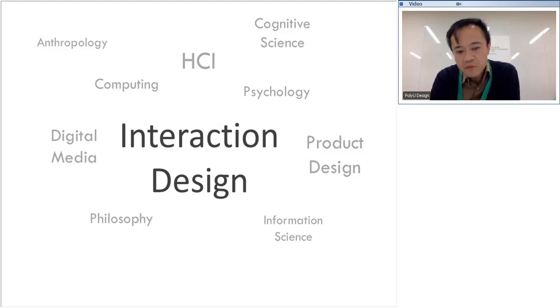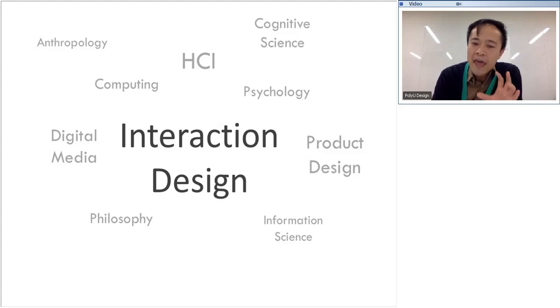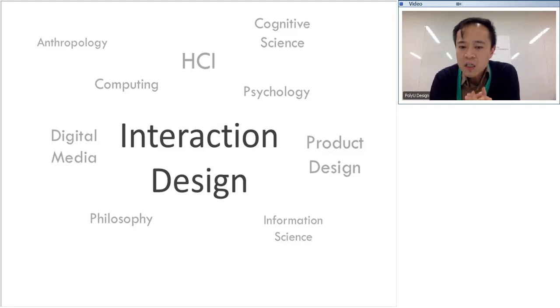Two more areas related to humans is also like philosophy and anthropology. So all these traditional areas of knowledge actually connected to interaction design. So when you come to our school, the first thing probably you might need to know is you will broaden your vision. You see that actually design is about nearly everything related to humans.